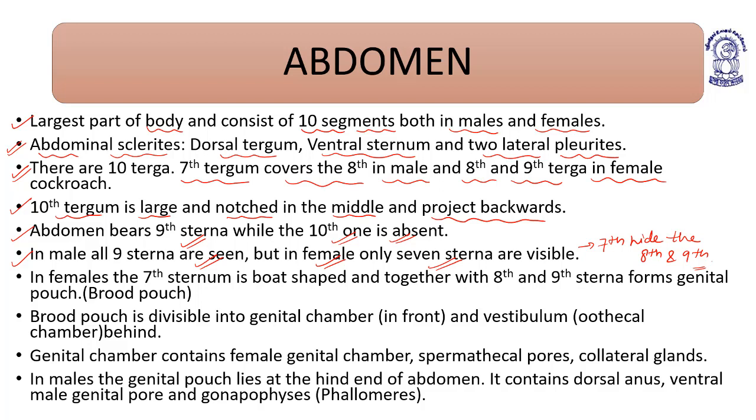In females, the 7th sternum is boat-shaped, and together with the 8th and 9th sterna it forms the genital pouch, or brood pouch. Okay?